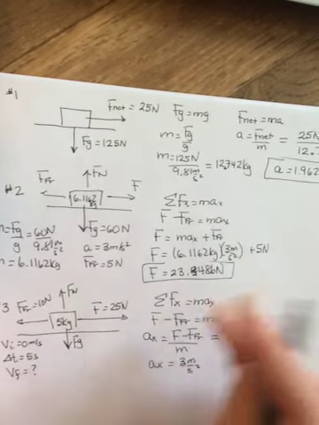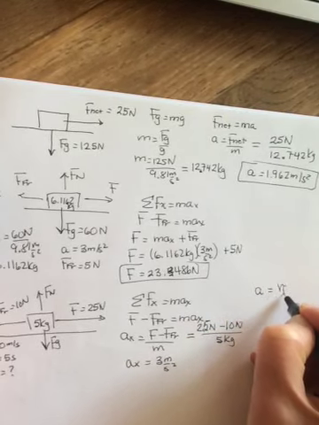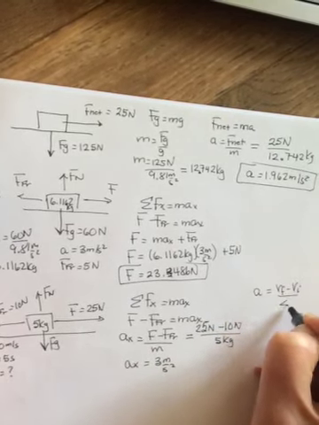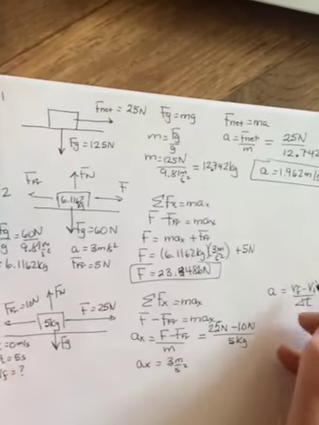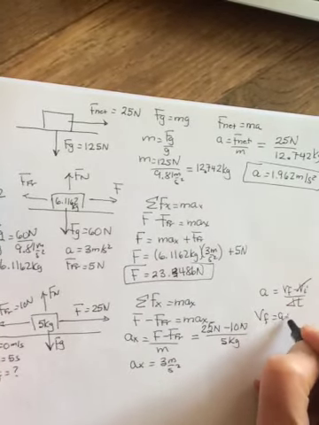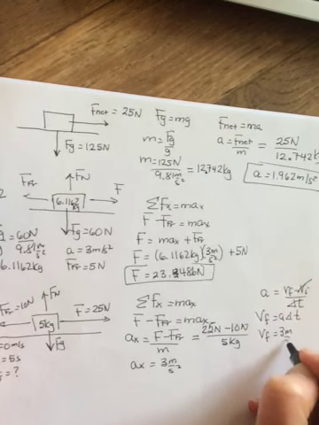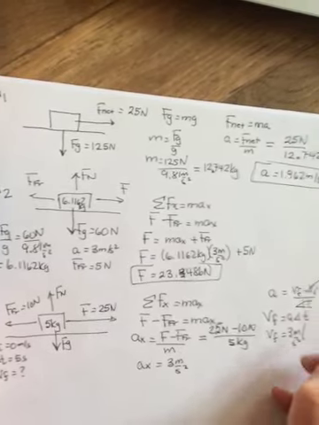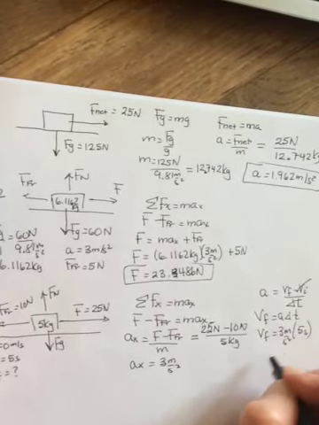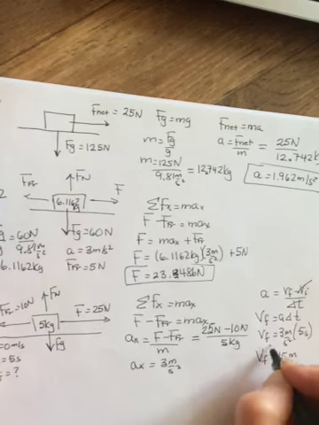So you have A, Vi, Vf, so you're going to use A equals Vf minus Vi over delta t. It said it started from rest, so Vi goes to 0. So Vf equals A delta t. So Vf equals 3 meters per second squared times 5 seconds. So Vf equals 15 meters per second.